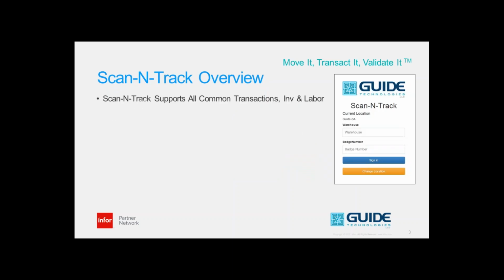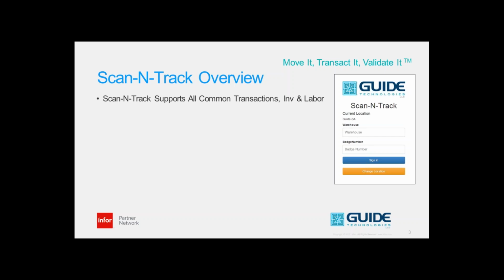Okay, so again, this is on the overall product we call Scan and Track. It is mobile data collection for your shop floor, your distribution center, your warehouse, to do all of the most common XA transactions, whether they be inventory or labor related.